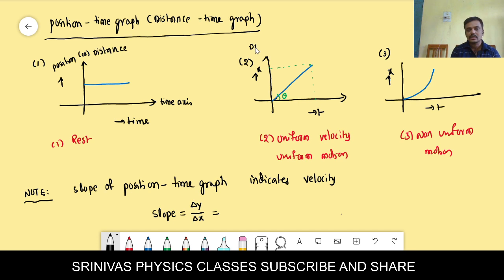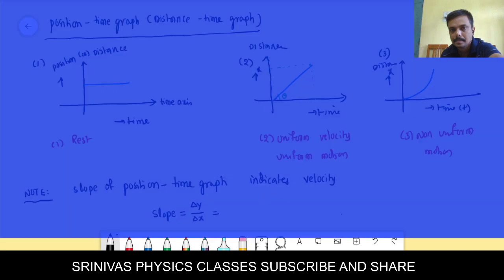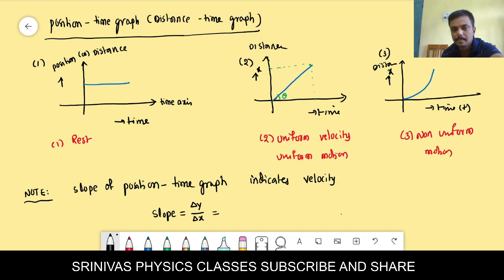Here on the x axis is time. That is the y coordinate by the x coordinate.